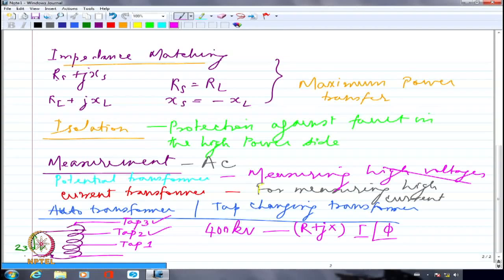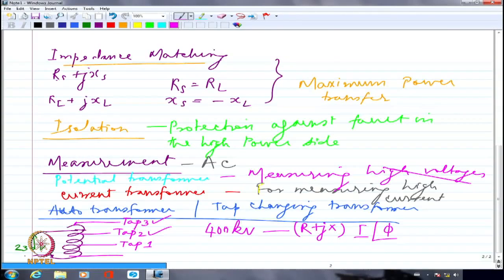If the voltage is decreased, correspondingly I am going to have in the terminal also a little less voltage than what I was getting. So the tap changing transformer allows you to make minor adjustments in the voltage so that any higher drop or lower drop is compensated for. So that is the major advantage of tap changing transformer.